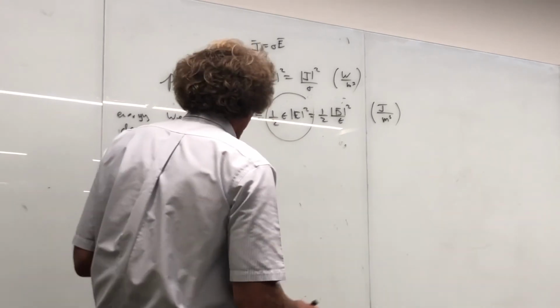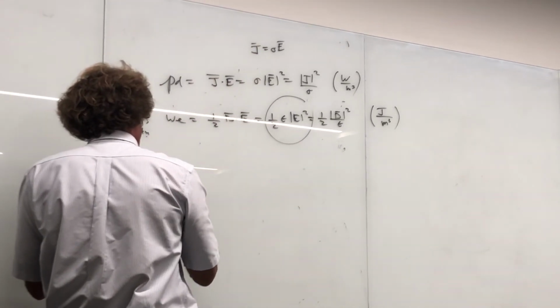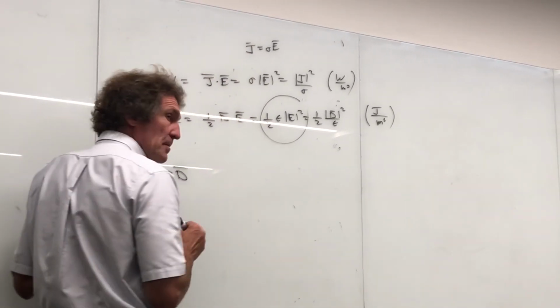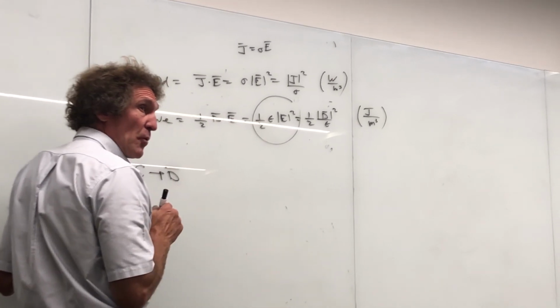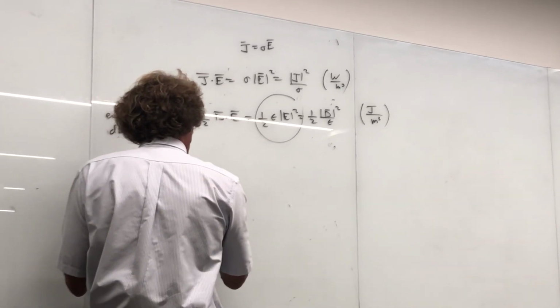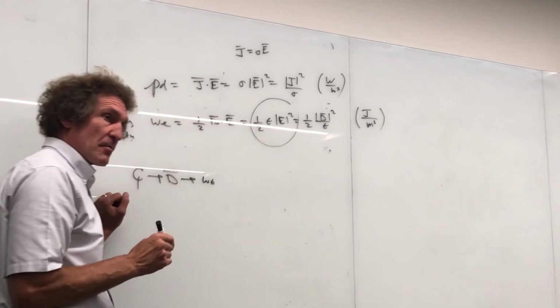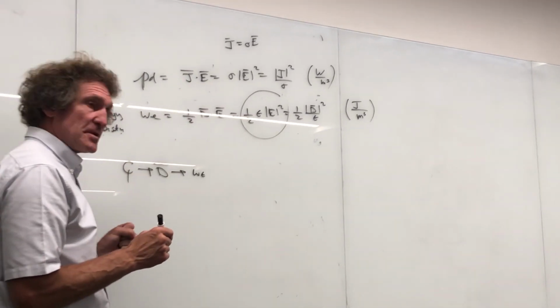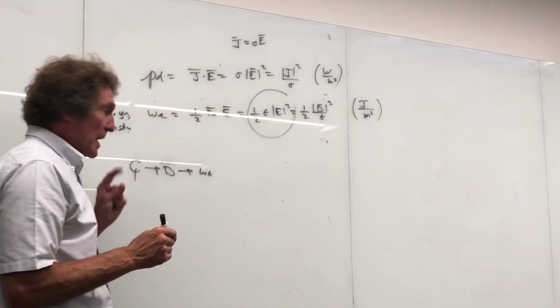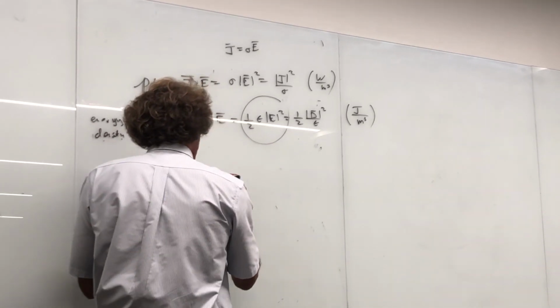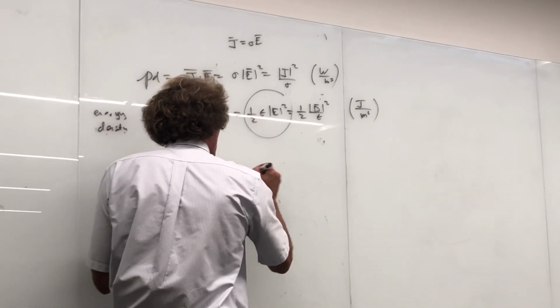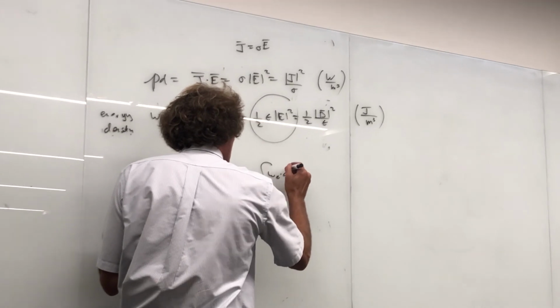So if you wanted to figure out what the value of a capacitance is in a region, normally I said assume Q, then get D, correct? Well, at this point, from D we could get the energy density, 1/2 D squared over epsilon. And then once we had the energy density, we could get the total energy by integrating the energy density over the volume.